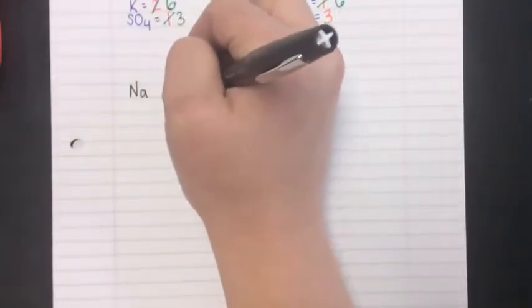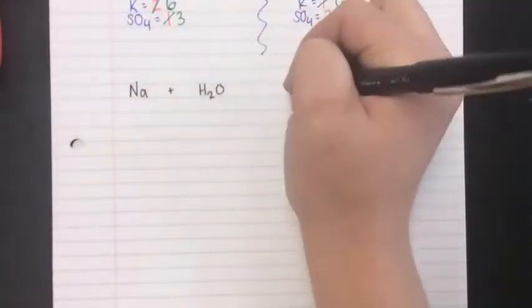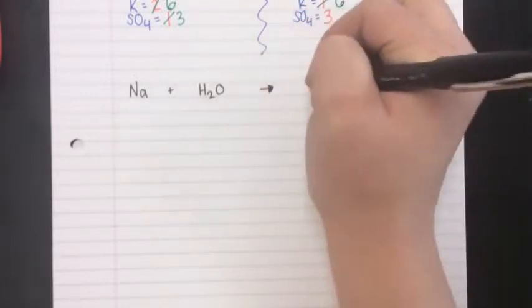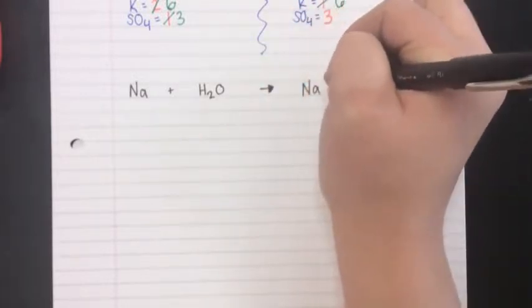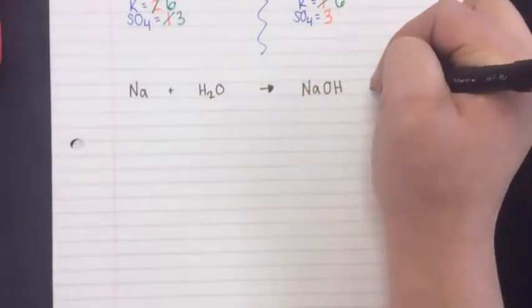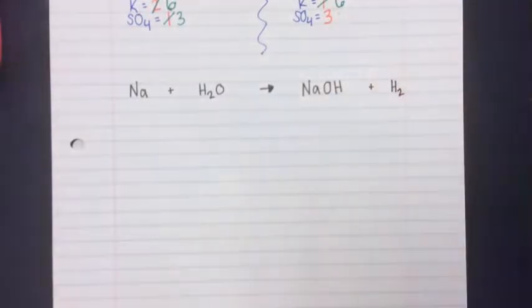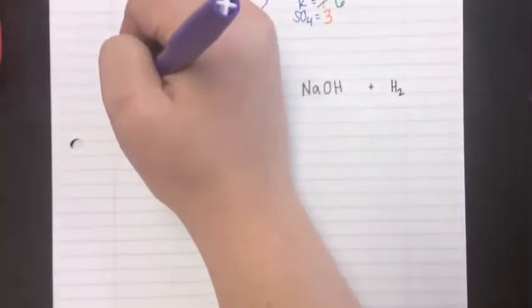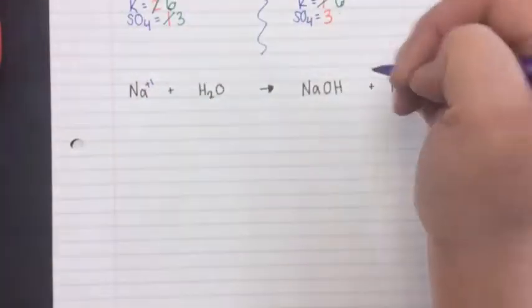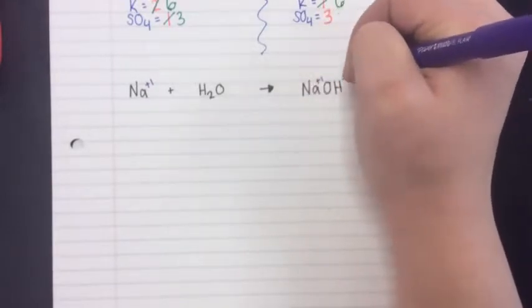Let's do another practice. This time I'm going to add sodium to water to produce sodium hydroxide and hydrogen gas. I add in my charges to make sure my formulas are balanced.